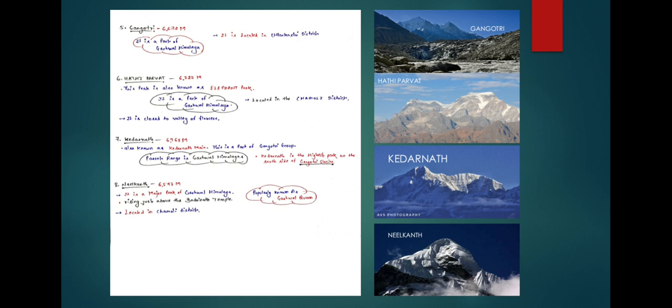As the name says, it is an elephant peak, as people always say. Then we will move to the Nilkanth. Nilkanth is a major peak of the Garhwal Himalayas, rising just above the Badrinath temple, which is also situated in the Chamoli district.